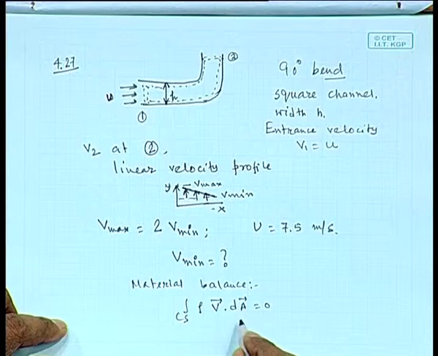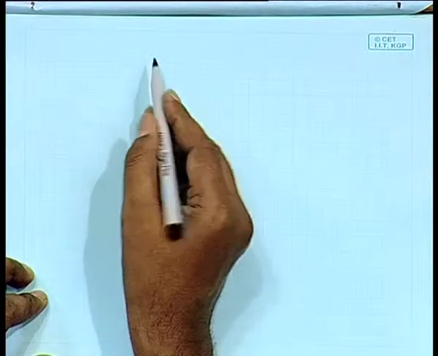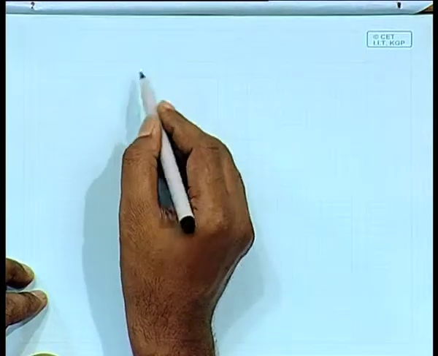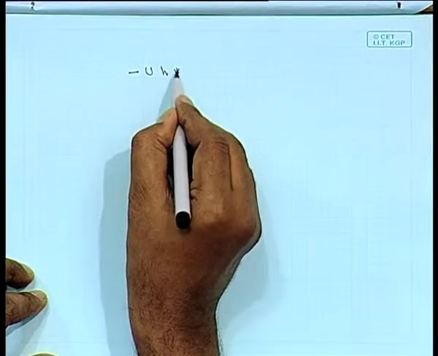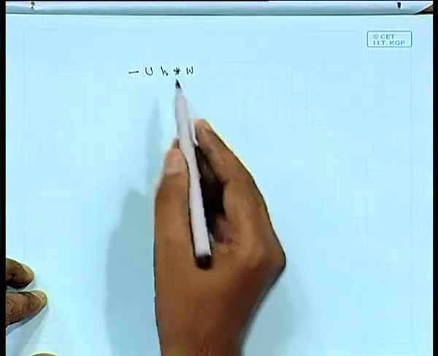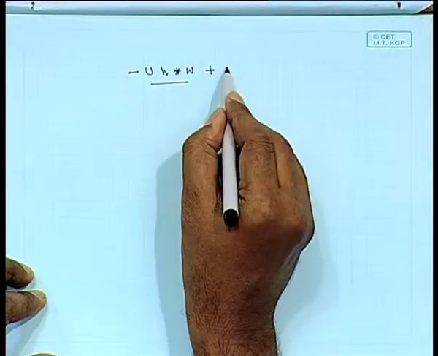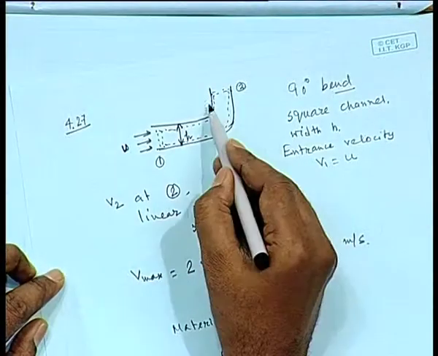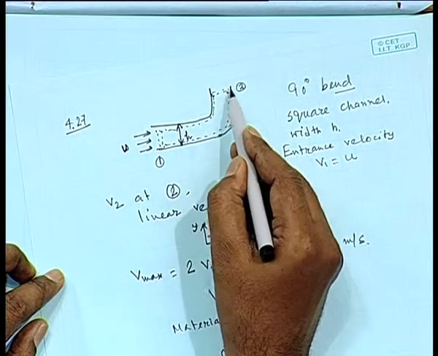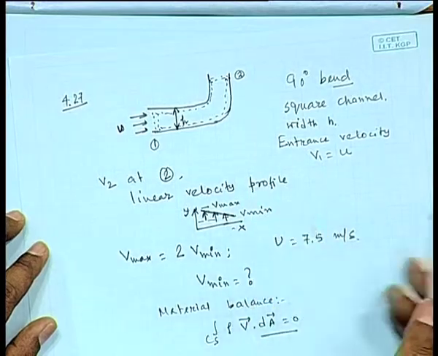At point number 1, it will be u times h times w, that will be the total material in at point number 1. At point number 2, since velocity is varying with h in the x direction, it is given as a profile, so again you have to do an integration.